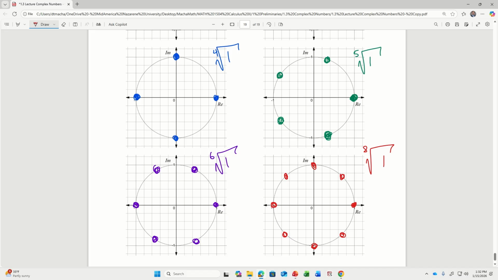And if you take any of these numbers, like here in purple, and you raise it to the sixth power, you're going to end up at the number +1. It's kind of neat. Is there no seventh root of unity? There are, and there would be 7 equally spaced points. If you were looking at the 500th roots of unity, there would be 500 equally spaced points around the unit circle. But that's the idea.